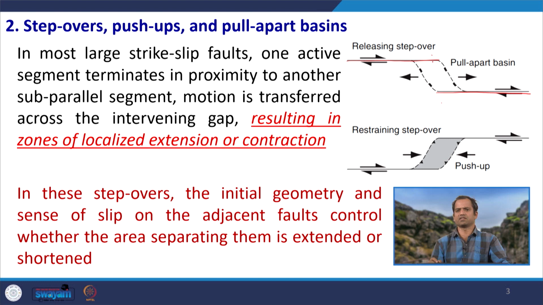So, these are en echelon type, meaning the motion transfers from here to here, through this overlapping area. In most large strike slip faults, one active segment terminates in proximity to another subparallel segment, and motion is transferred across the intervening gap, resulting in zones of localized extension or contraction.